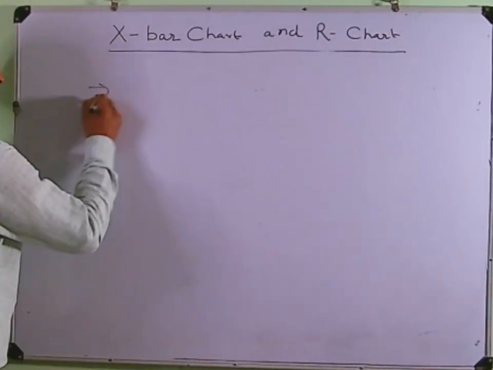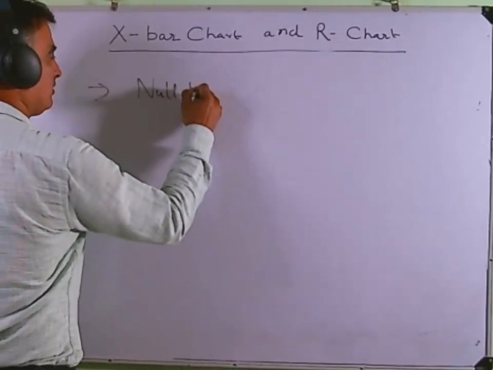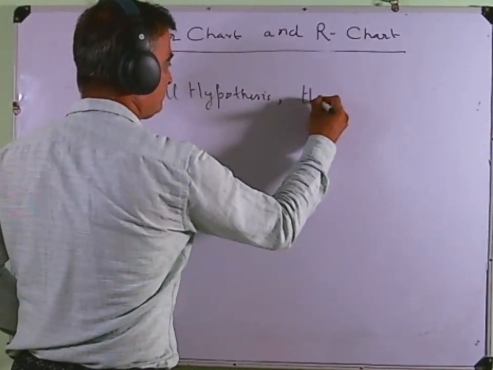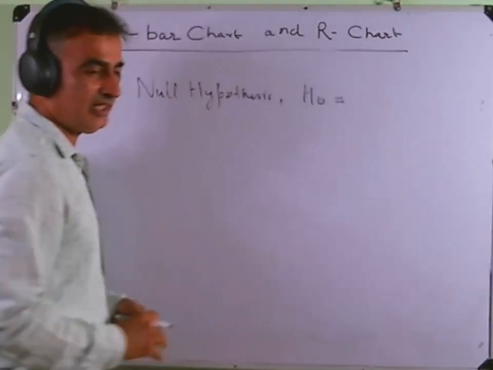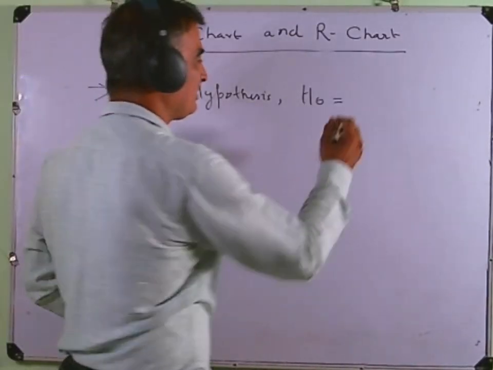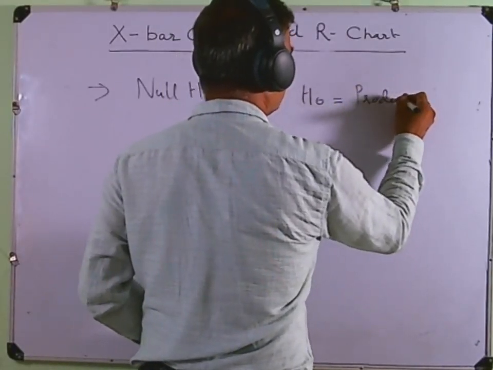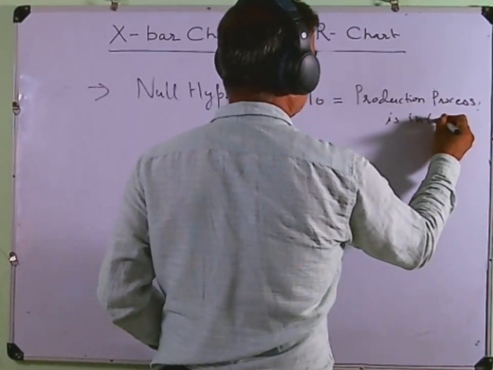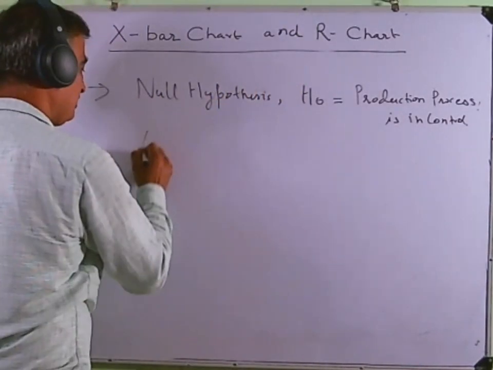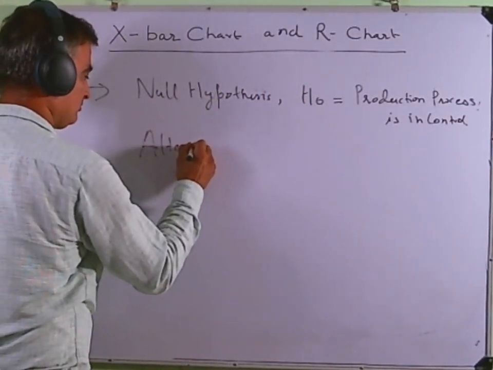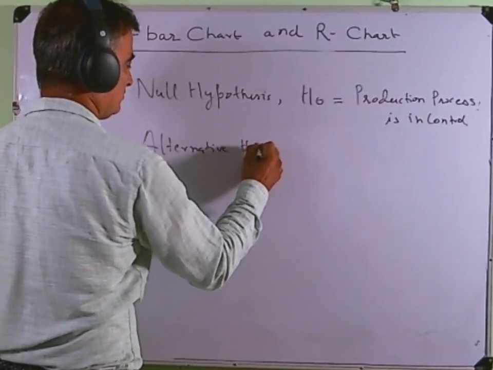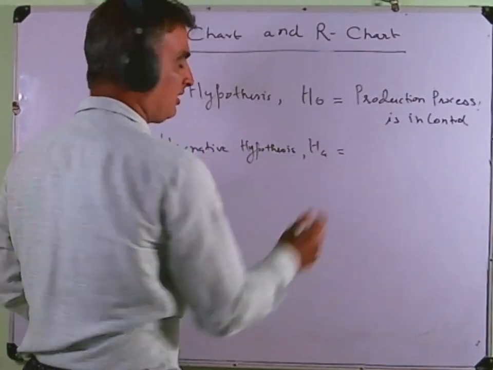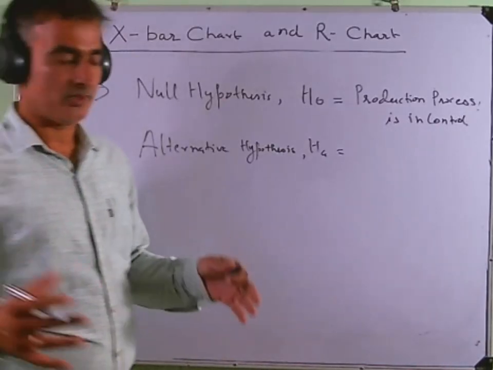So the first one is the null hypothesis, and that is called H0. Here, H0 says that the production process is in control, and the alternative hypothesis, that is HA, says that the production process is out of control.